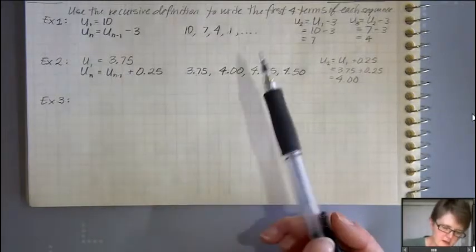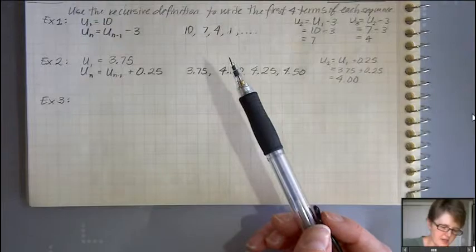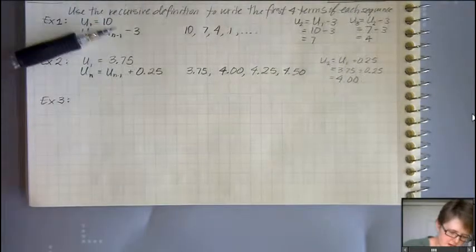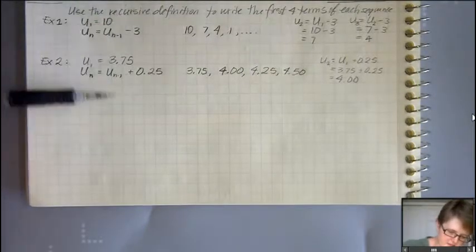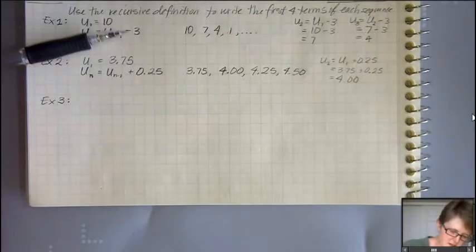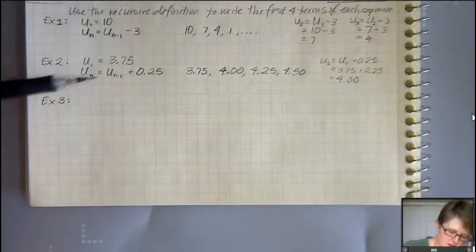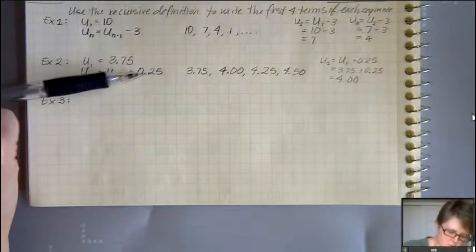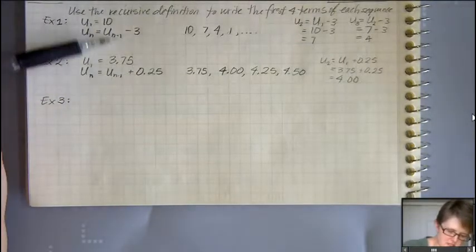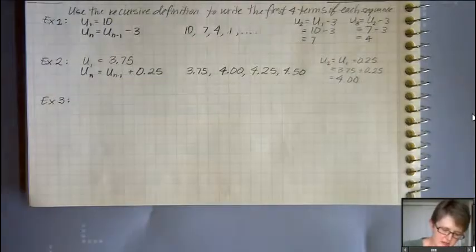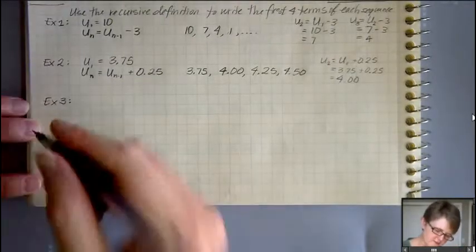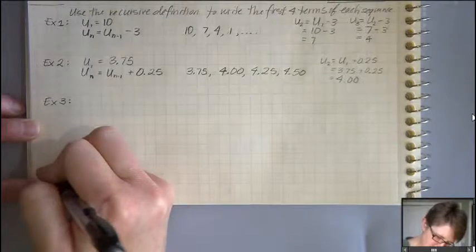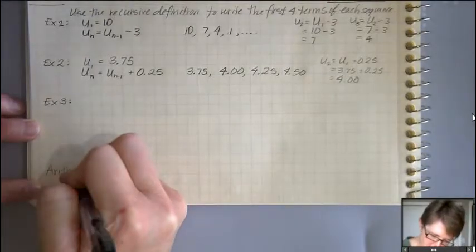And in example 1 in this set of examples, we had a minus 3, so we're subtracting 3. In this example, adding 0.25. These are all a certain type of sequence that's called an arithmetic sequence. So I'm going to go ahead and write this down here. These are arithmetic sequences. So let's do one more example of an arithmetic sequence.